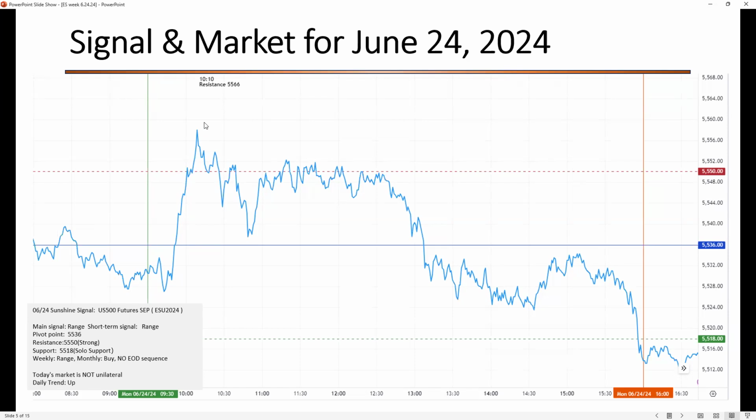And then it went past the 55.50, but it did not hit the second resistance, which was provided about 40 minutes into the market open.